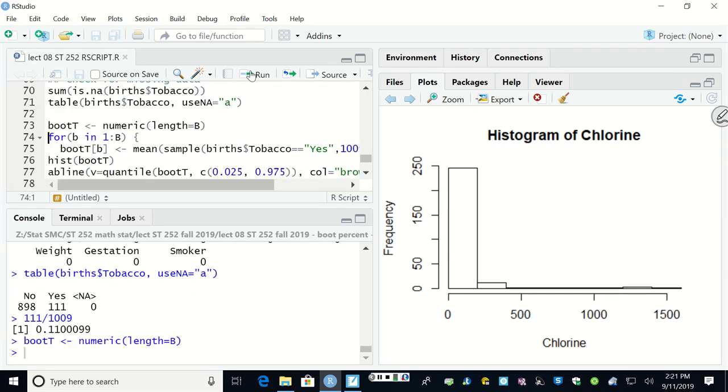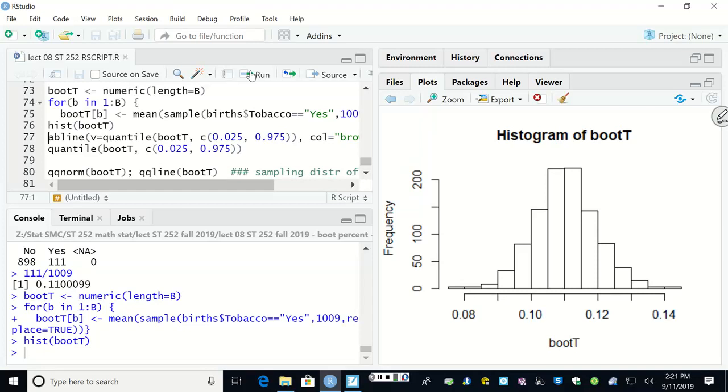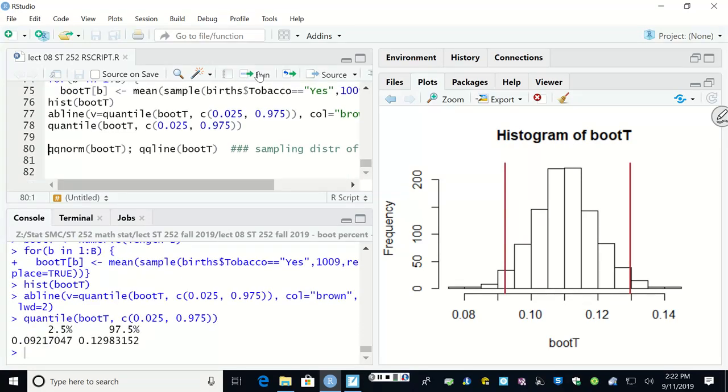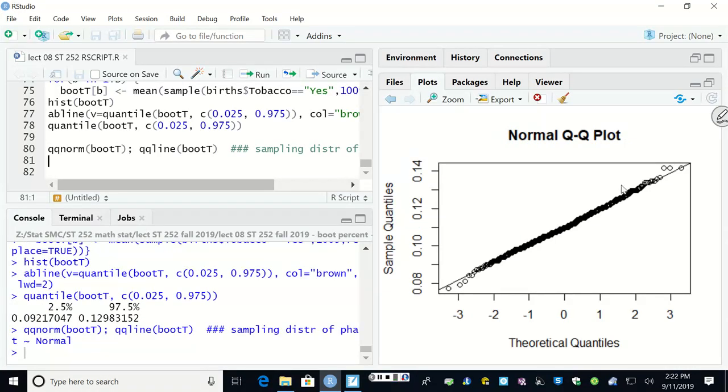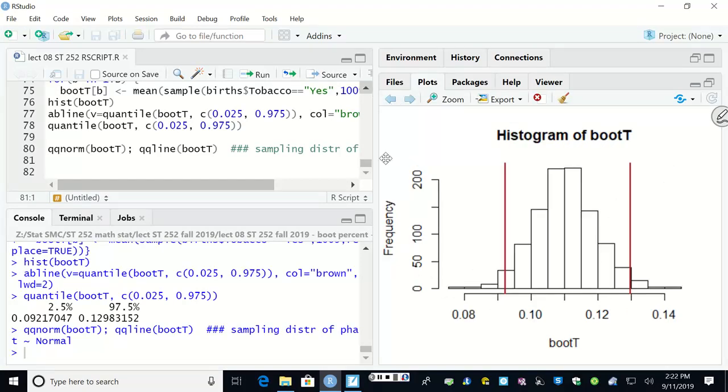So that's our bootstrap. That's the histogram of the bootstrap proportions. 0.11 was our sample value. There's where we'll get our interval, and there are the numerical values. This sampling distribution also looks extremely normal. In your last homework, you did a confidence interval for probabilities for a binomial, and this is very similar.